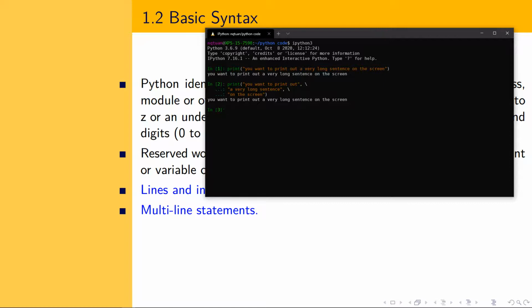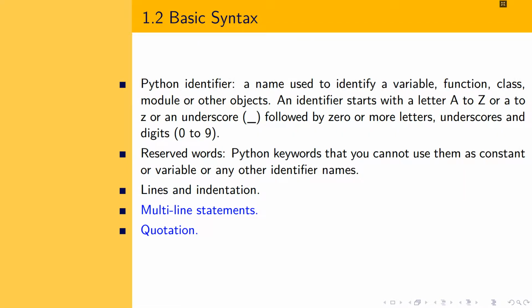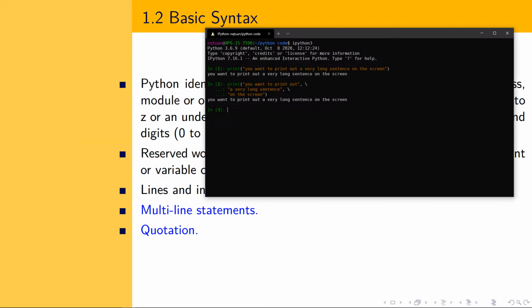The next thing we talk about is quotation. Python accepts single quotation, double quotation, and triple quotation to denote string literals, as long as the same type of quotation is used to start and end the string. For example, we can see a string like name Henry.